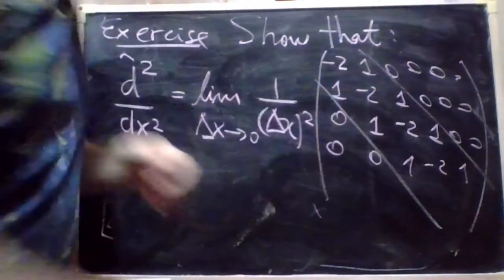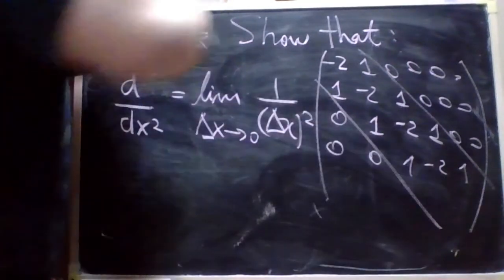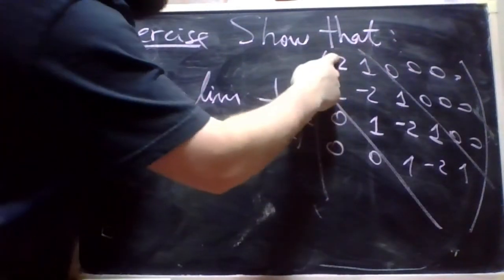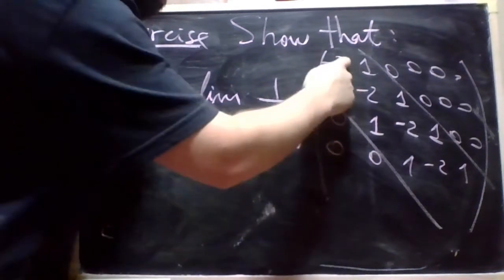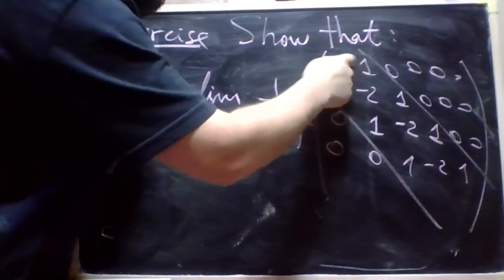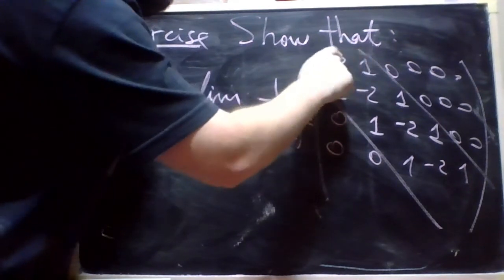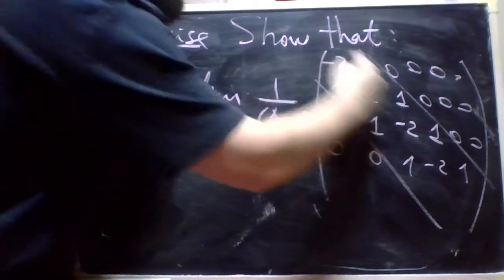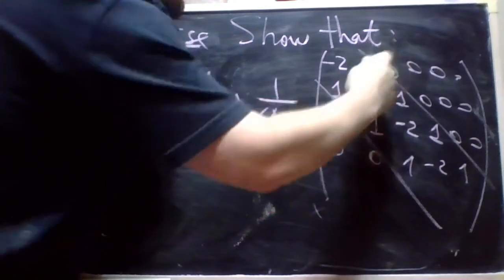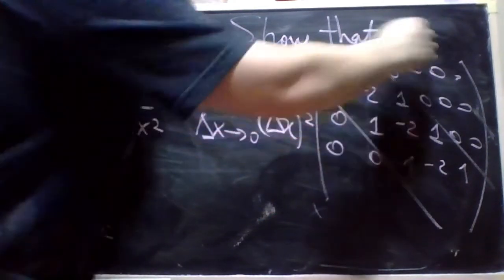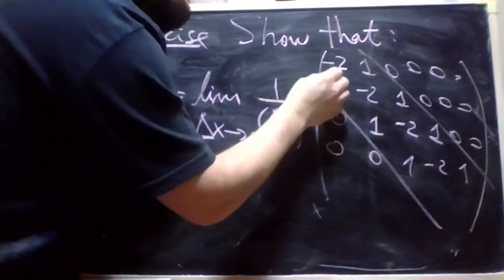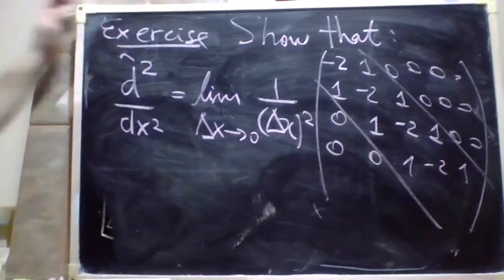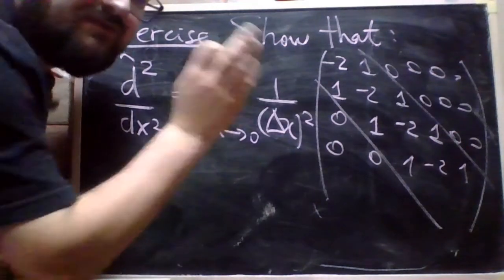It has zeros outside this three diagonal structure, where in the diagonal the value is minus 2, and in the upper three diagonal values you have a plus 1, and the lower diagonal plus 1 also. So this is the second order derivative.